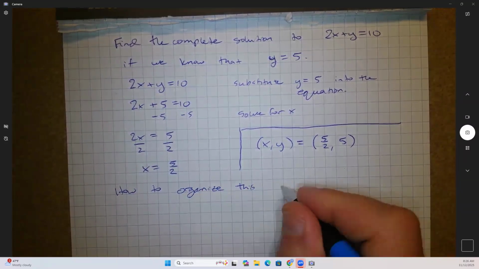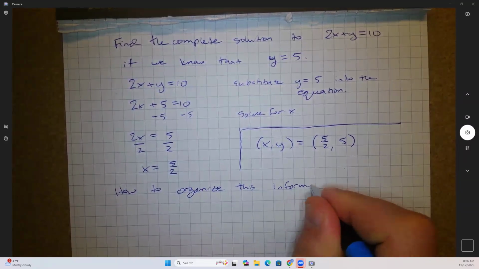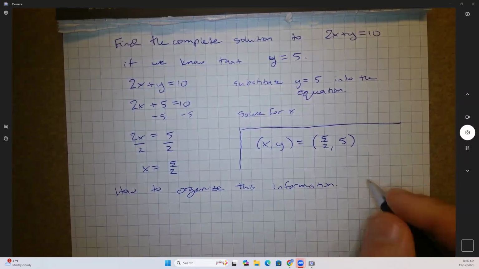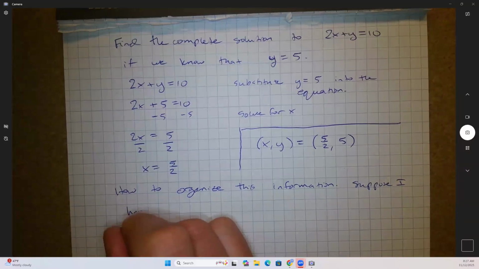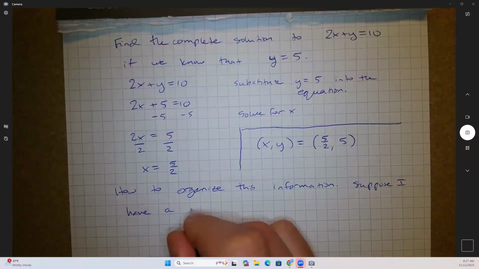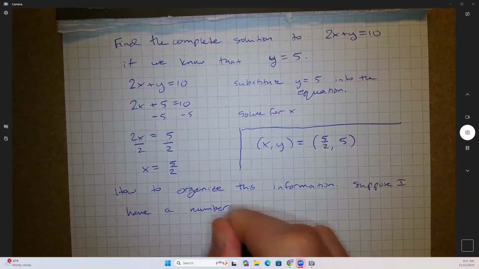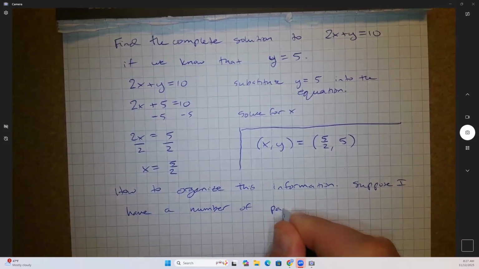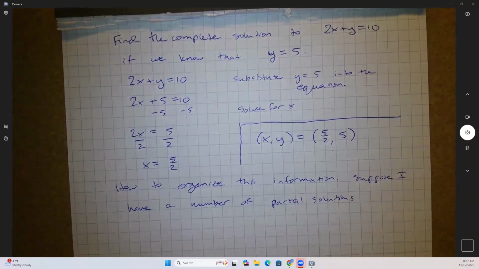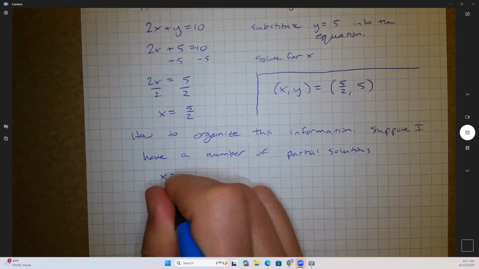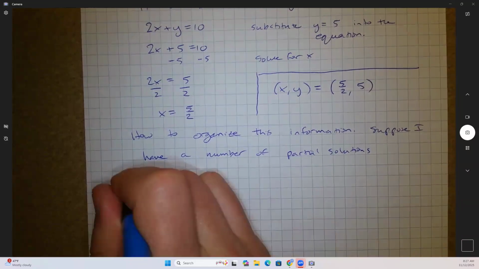Now let's talk about how to organize this information. Suppose I have a number of partial solutions. For example, one of my solutions, I know that x equals 3.